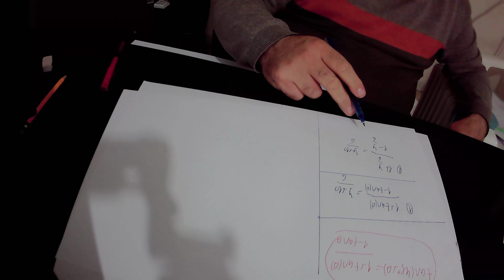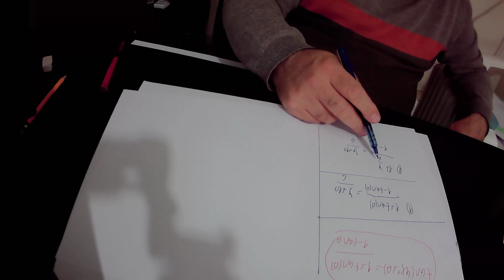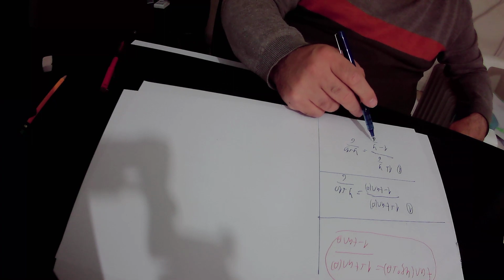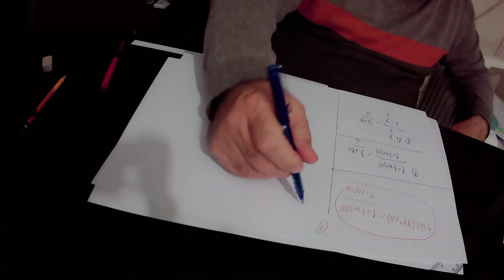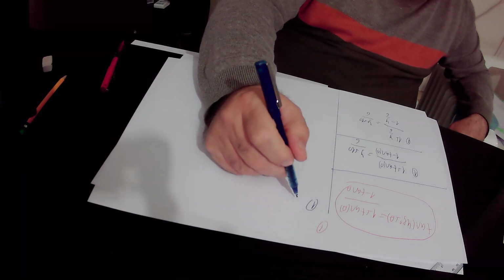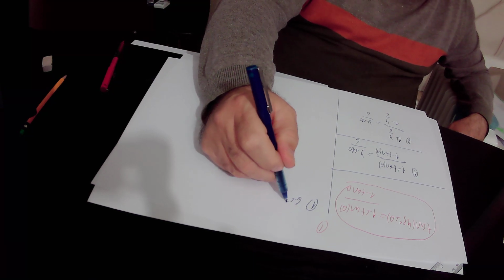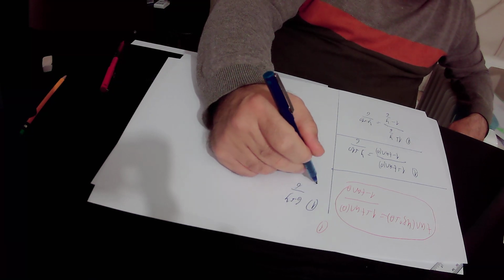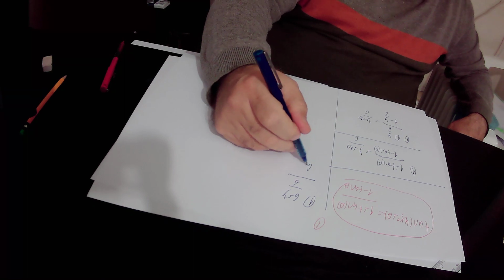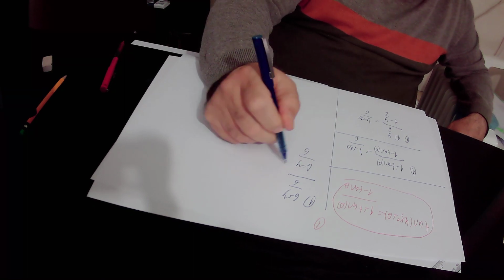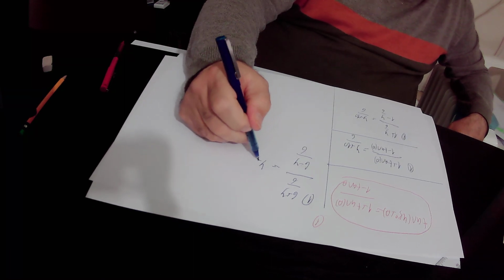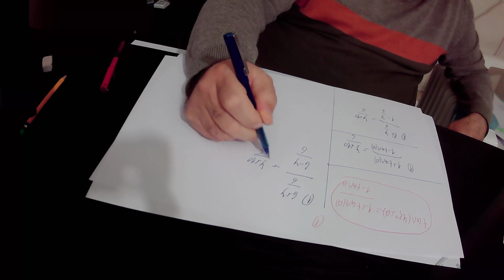Here we will multiply 1 by 6 and then divide it by 6 in order to have a common factor with y over 6 and with minus y over 6. And you will get that according to equation number 1, 6 plus y over 6 over 6 minus y over 6 equals y plus 10 over 6.